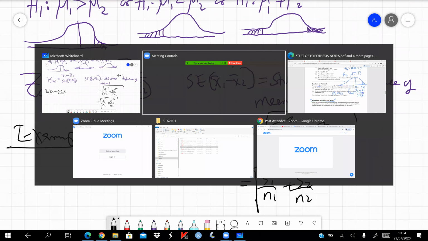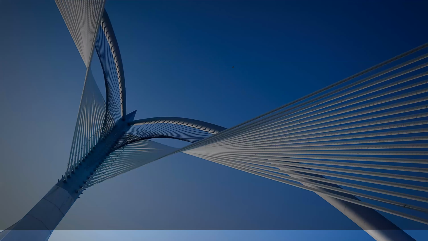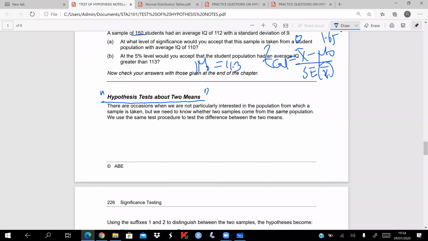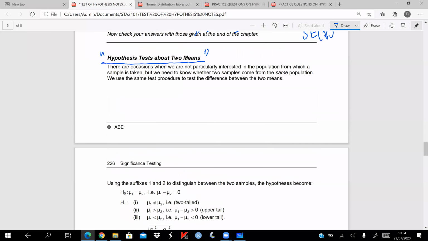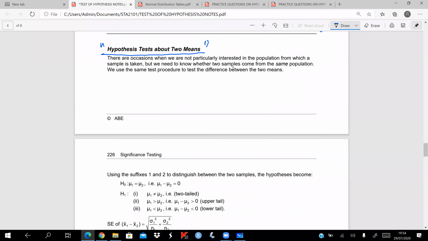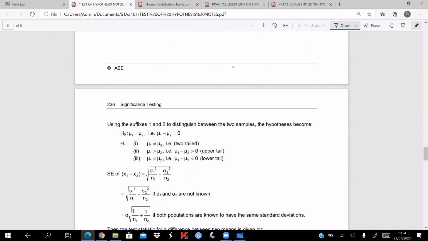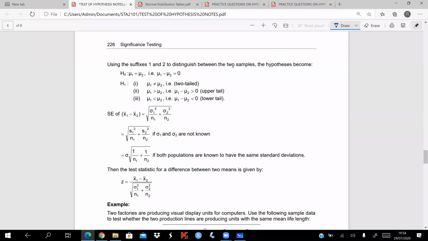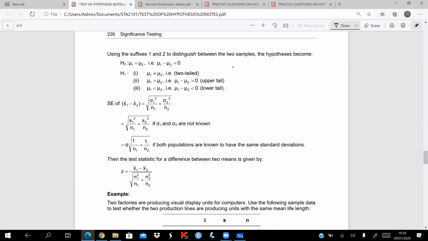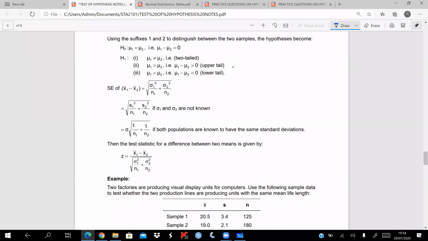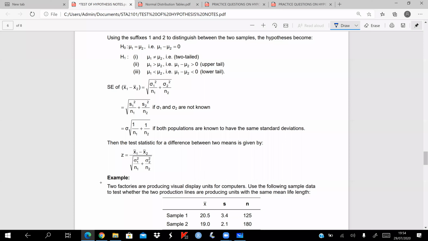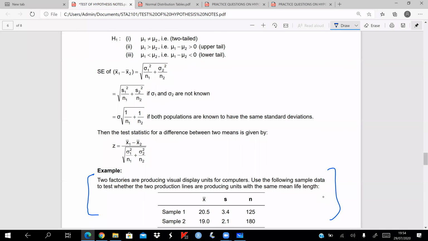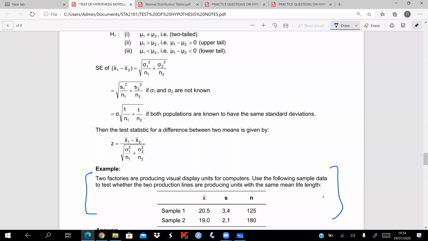So let's pick the example from our notes. We have this story here: two factories which produce some computer units.